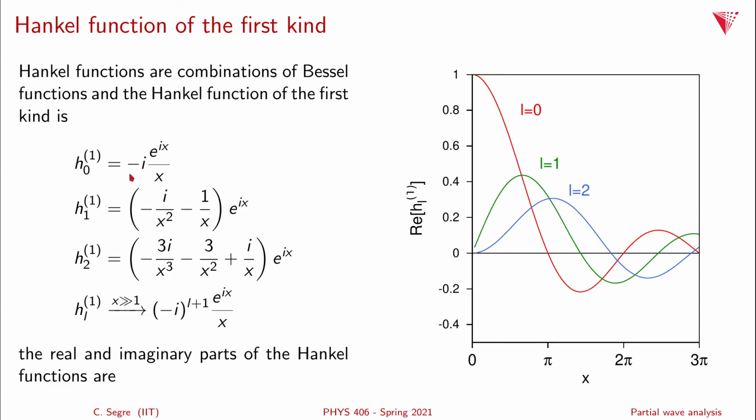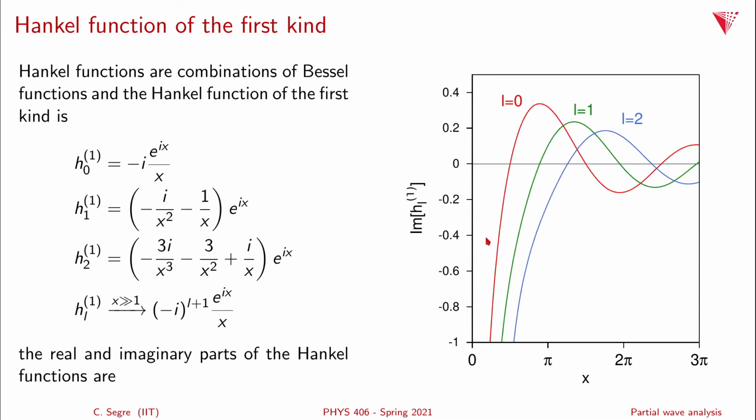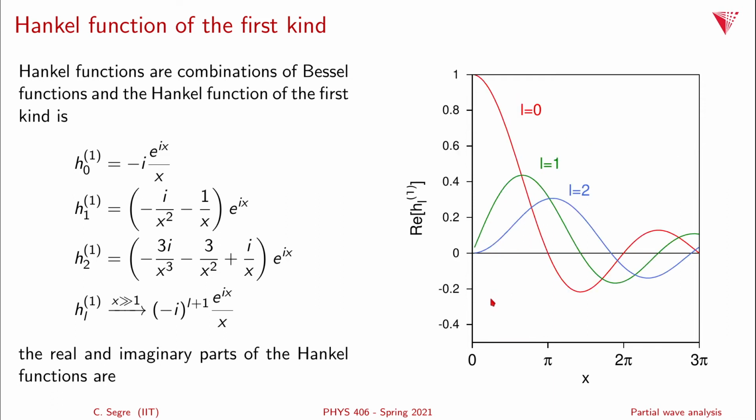So you can see that for L equals 0, we have this part, this is the real part, and then we have the imaginary parts, which look like this. So the imaginary part goes to minus infinity. The real part is bounded in all cases.